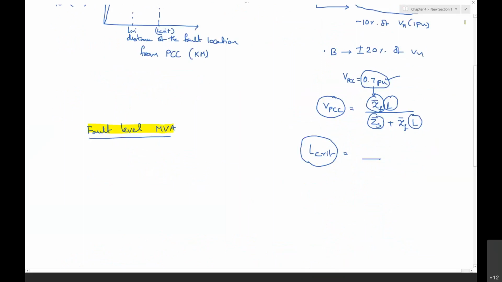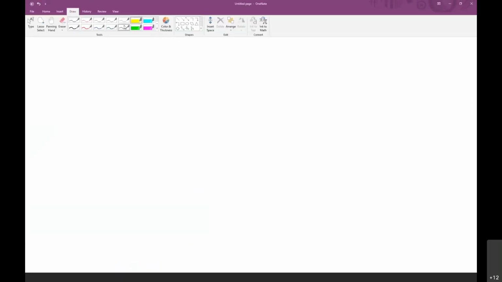For that, we'll consider a system with different voltage level ratings. One is the 400 kV line, and we have a transformer.